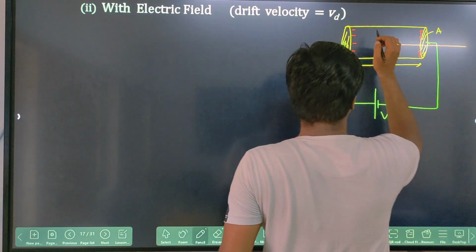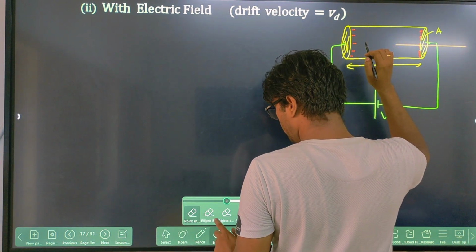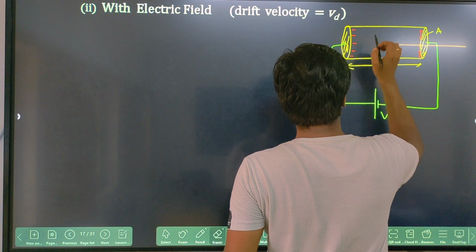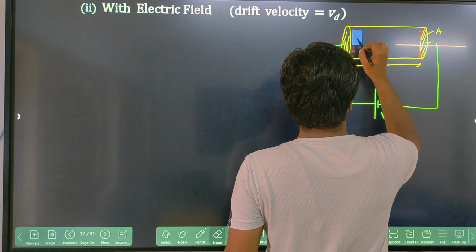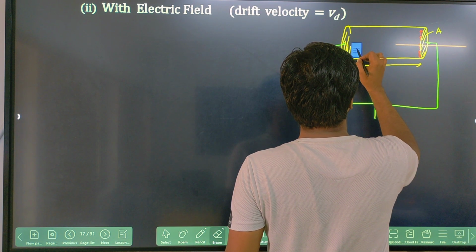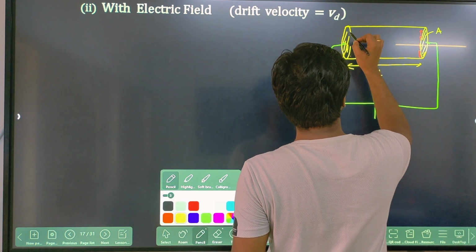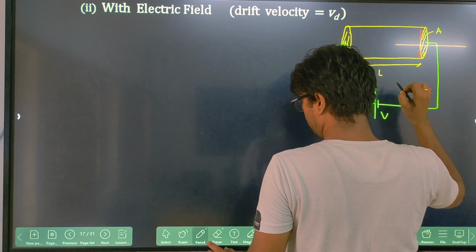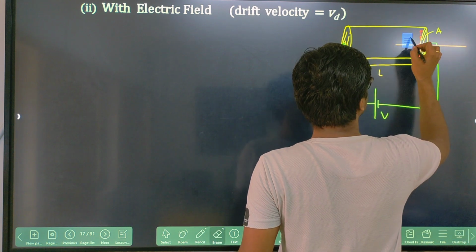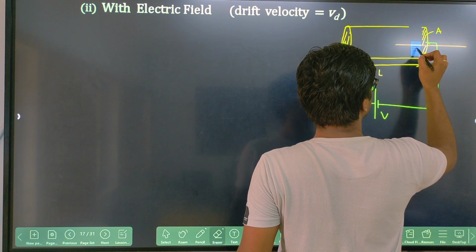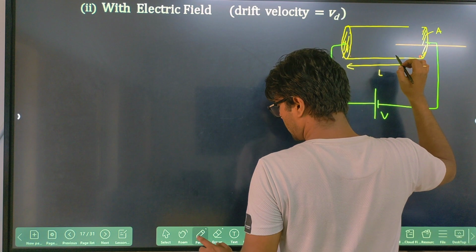So now there will be no induced charges here, and on this side also no induced charges, because charges are now flowing.